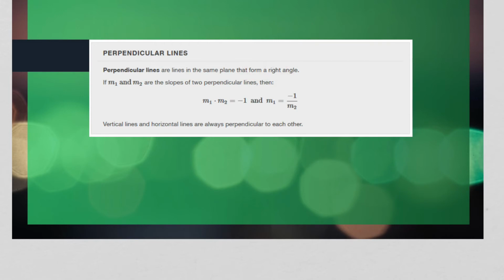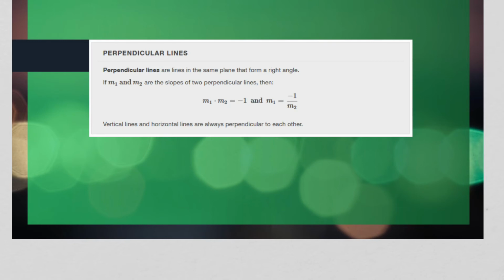Okay, that makes sense. If the slope of line 1 and the slope of line 2 are the slopes of 2 perpendicular lines, then when you multiply the 2 slopes together, you get negative 1. Now, I'm not going to expect you to multiply your slopes together, okay? What I do expect you to know is that the slope of one line is the opposite reciprocal of the other. Now, hang on, I'll explain that.